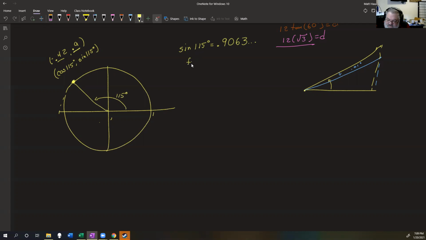So find another angle in the first rotation, so between 0 and 360 degrees, such that the sine of that angle is the same.